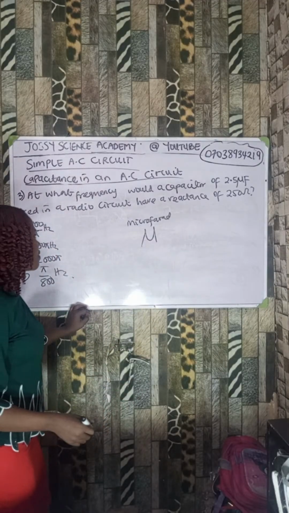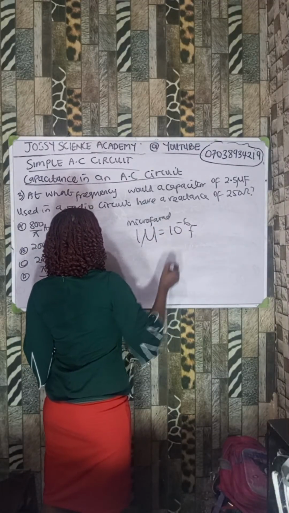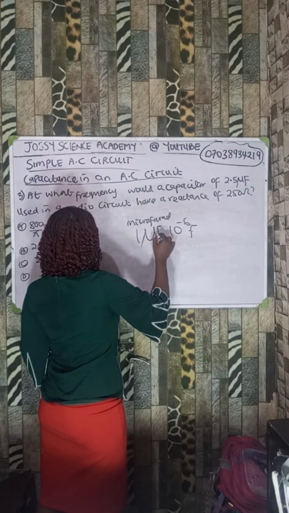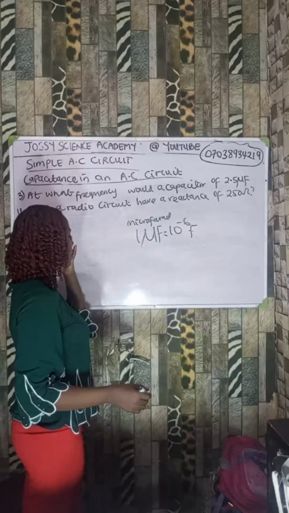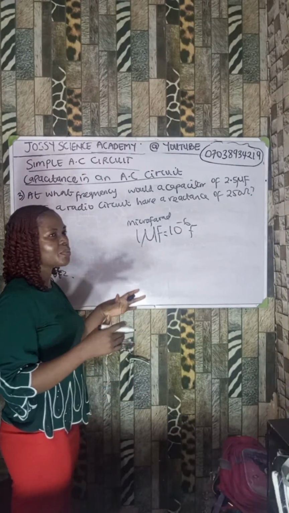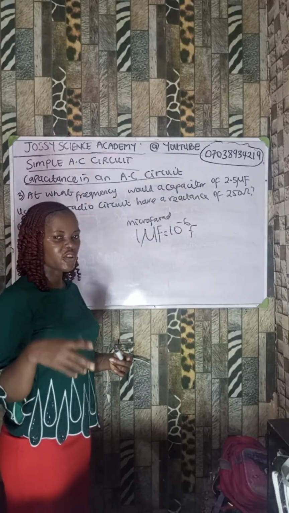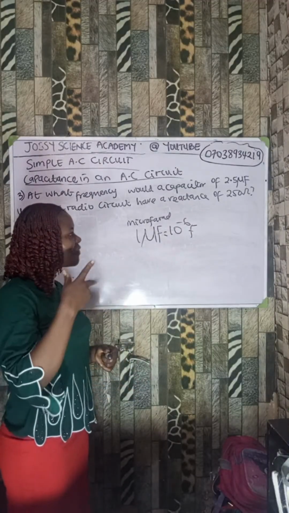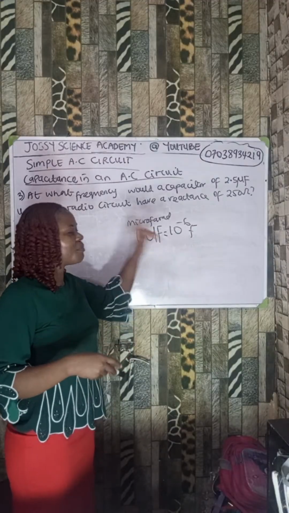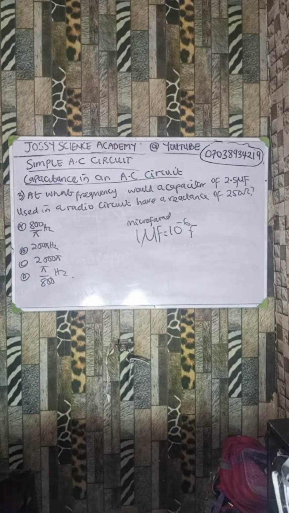Now this 1 microfarad is equal to 10 power minus 6 farad. Capacitance of a capacitor cannot be stated without the unit microfarad. Very, very important. But when you want to solve for something else that is not capacitance, you're going to convert it, removing the micro by multiplying by 10 power minus 6. I hope that is clear. Is it clear, guys?